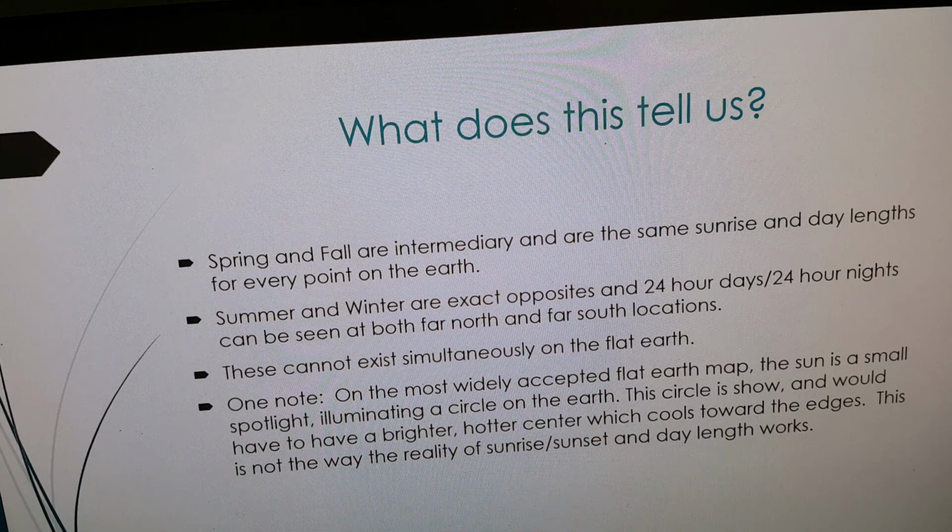On the most widely accepted flat Earth map, the AE projection, the sun is a small spotlight illuminating a circle on the Earth. This circle would have to have a brighter, hot center which cools toward the edges. This is just not the way of reality and sunrise, sunset, and day length. It's just not the way it works.